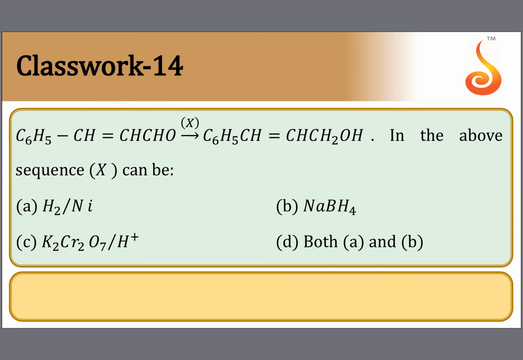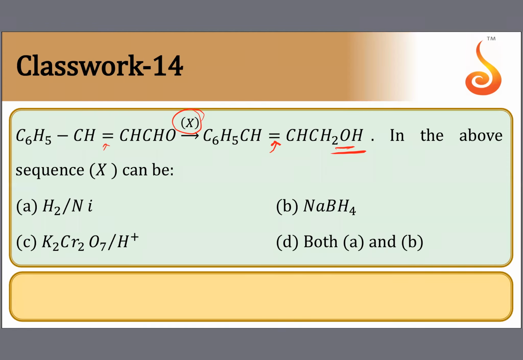This is cinnamaldehyde. On treatment with a reagent, it undergoes reduction. The double bond remains constant, so the reducing agent should not affect the C=C double bond. What is that reducing agent?